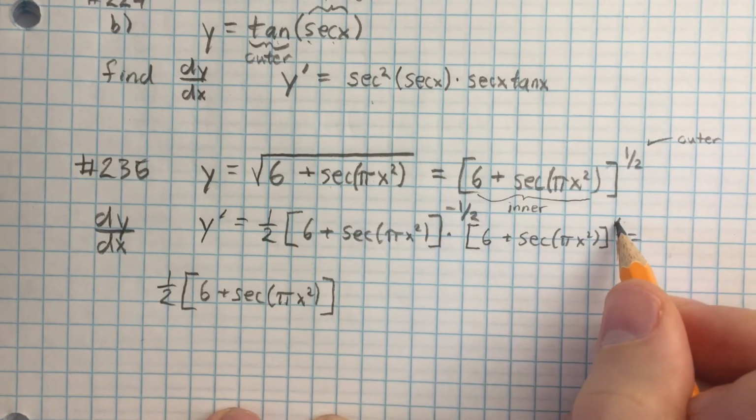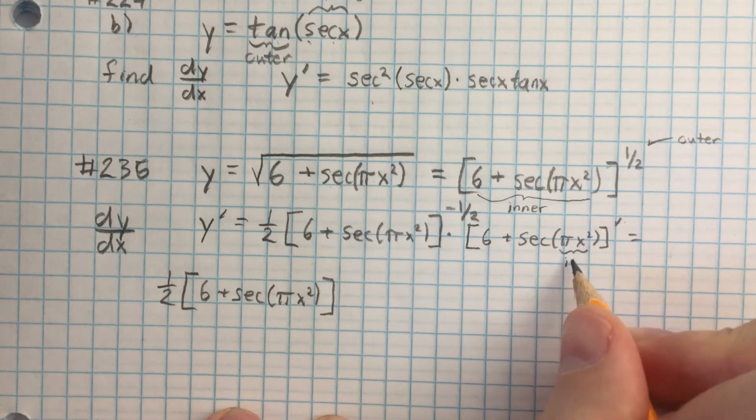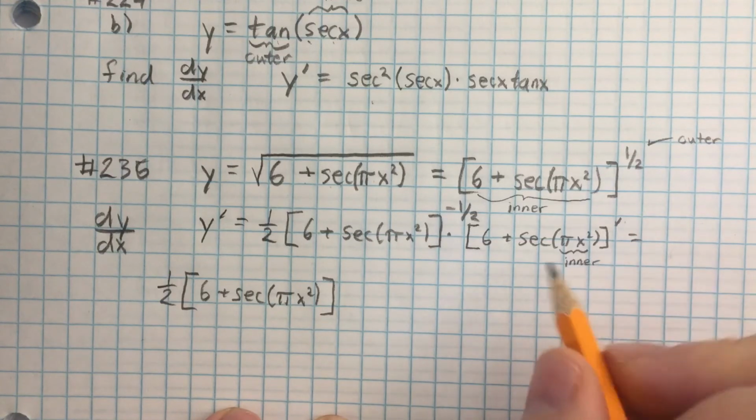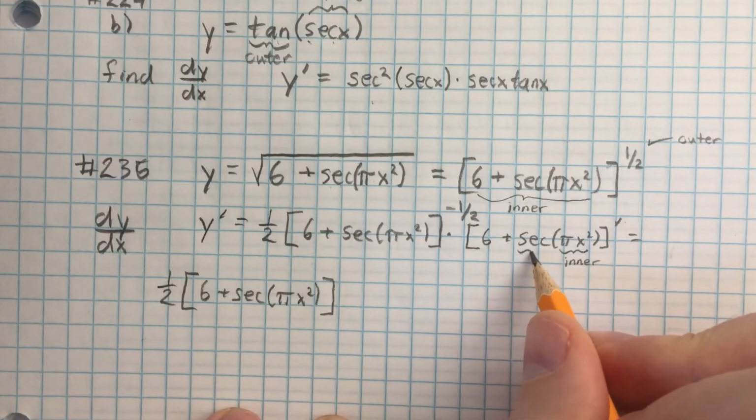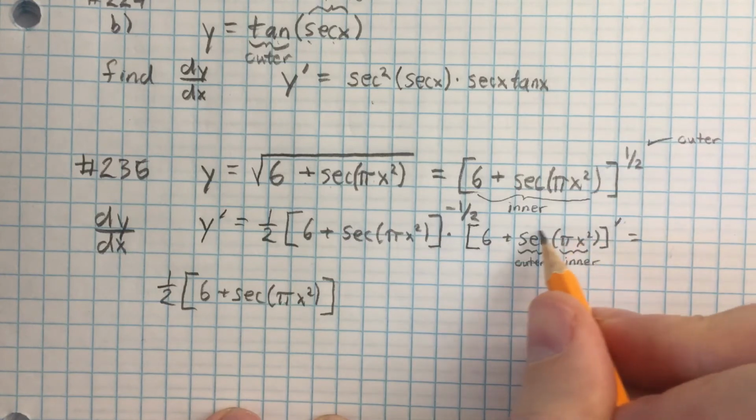But now I'm also taking the derivative of secant pi x squared. So now we have a new perspective. Here's a new inner function, right? And the secant is the outer function. So I take the derivative of this expression here.